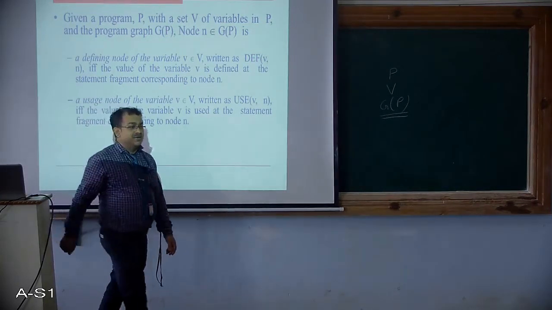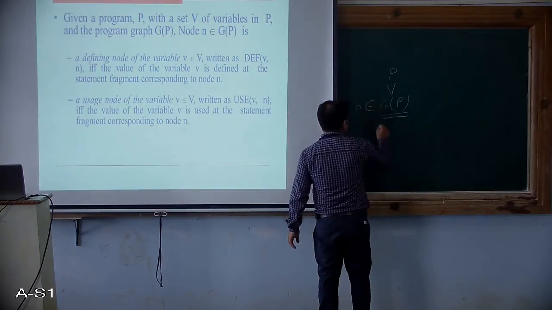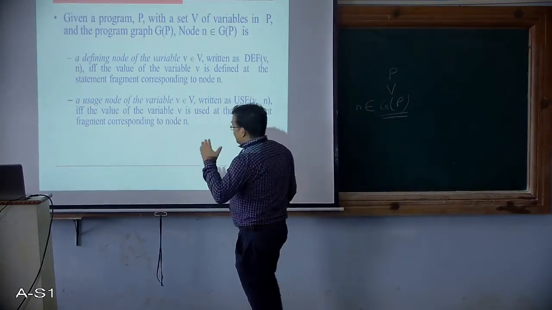Then for every node that belongs to GP, there are two kinds of nodes.